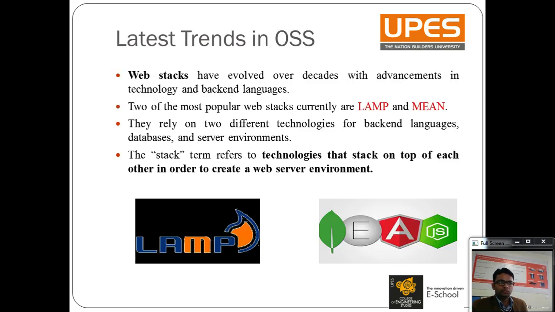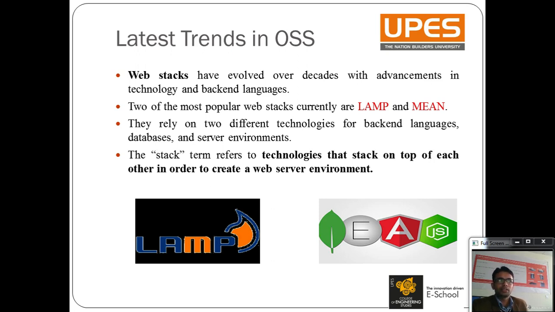I'm sure now you have a little bit of an idea of what open source software is and how we can relate it to closed source software. There are various future technologies and trends in open source software. When I talk about future technology in open source, the first thing that comes to my mind is OpenStack.